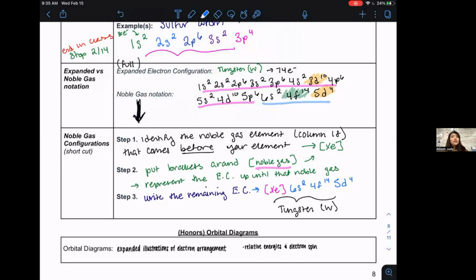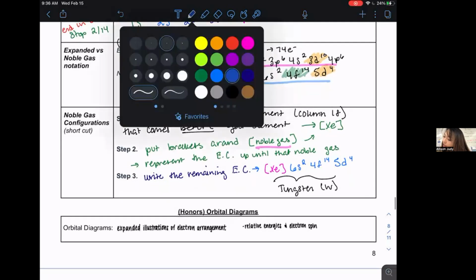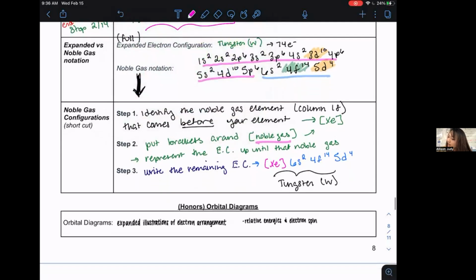What if the element I tell you to write noble gas configuration for is a noble gas itself? You cannot. Let's say I ask you to write the noble gas configuration of argon, Ar.